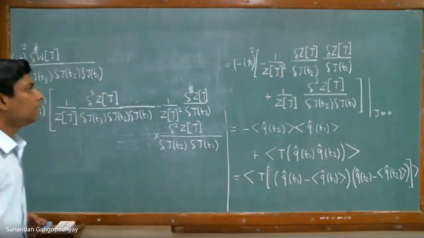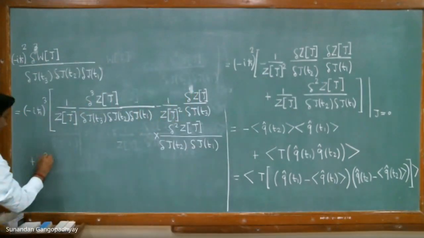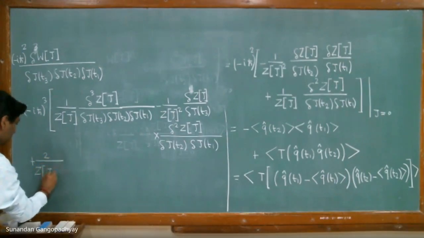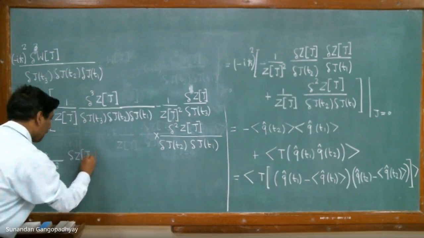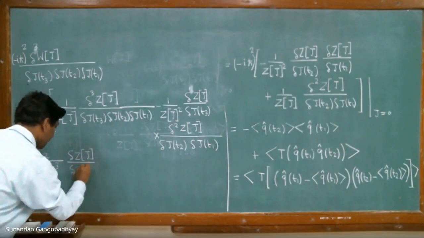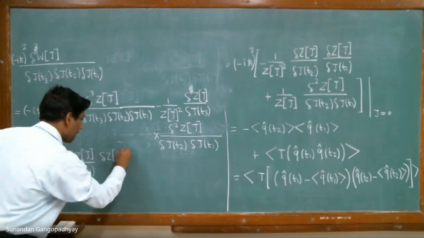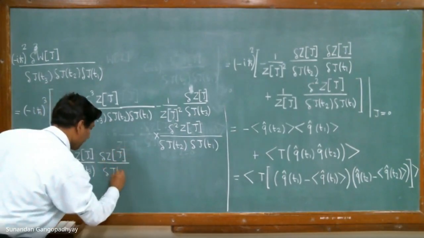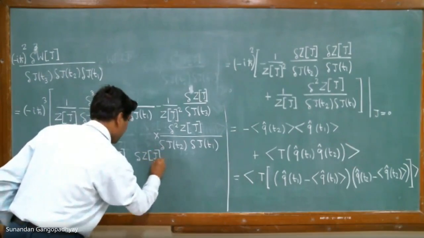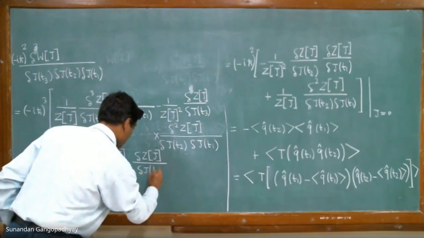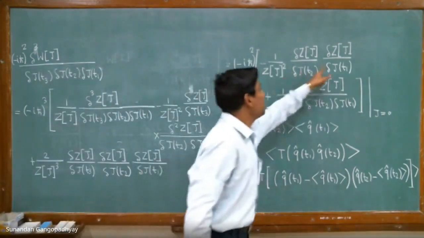Now look at this term. So from this one we shall have plus 2 by Zj cube, and then we have del Zj del Jt3 del Zj del Jt1, and then we shall have two more terms from here.